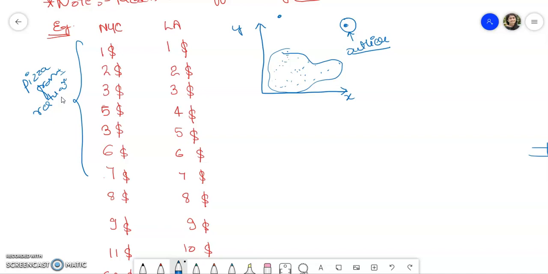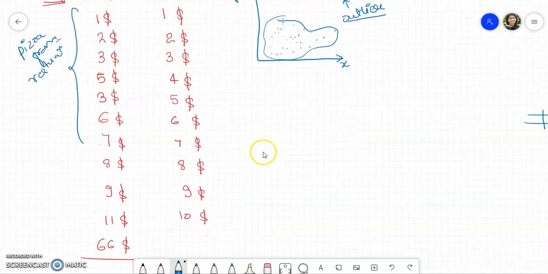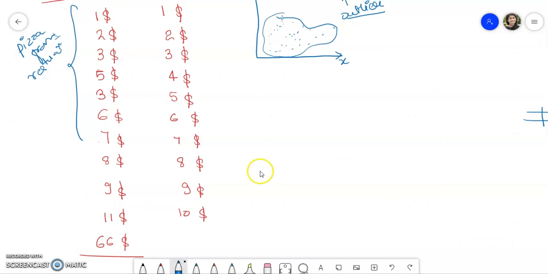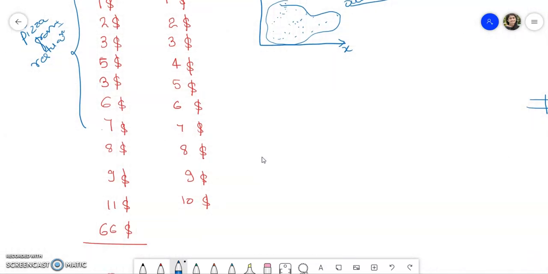So $1, $2, $3, 5. These are the prices. And for LA, it is the same in the form of dollars. And if you observe this data over here, this is like the outlier in the data set.